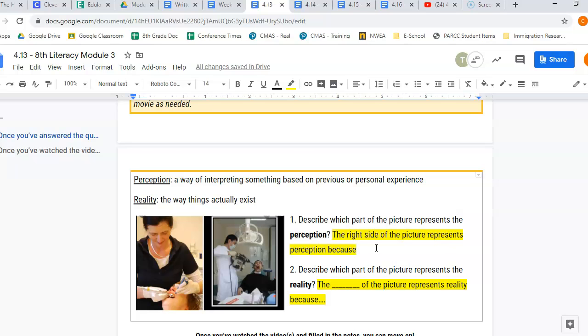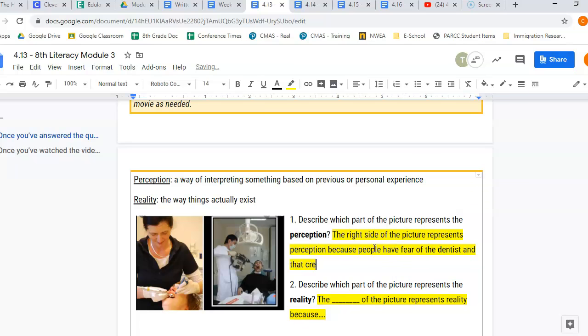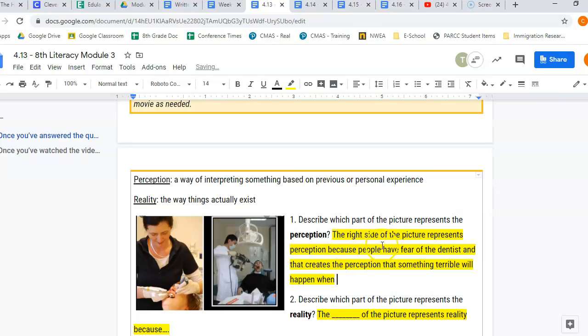All right, so if I'm filling this in, I would say the right side of the picture represents perception because people have fear of the dentist, and that creates the perception that something terrible will happen when you go to the dentist office for a checkup.